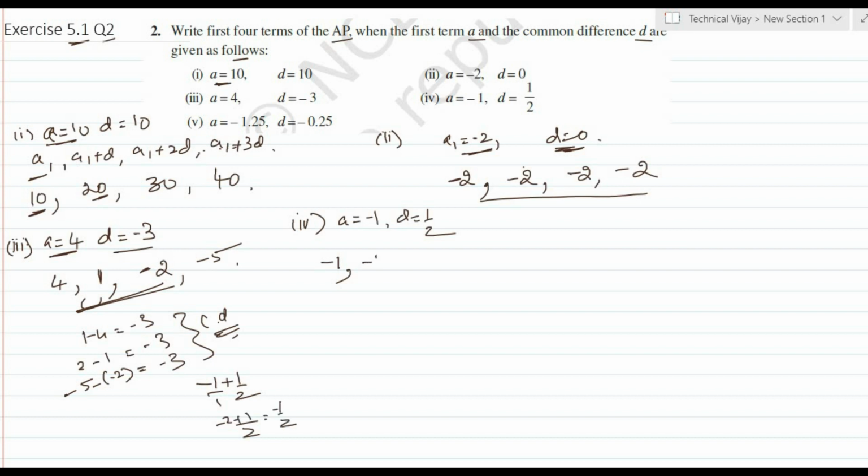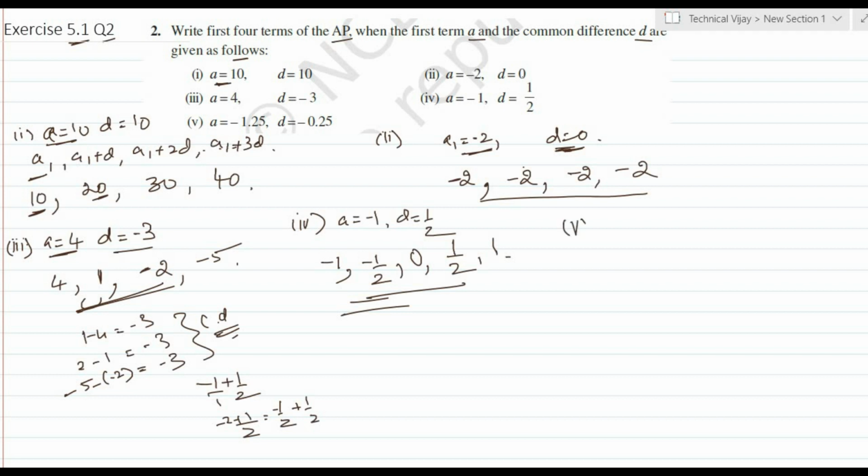So this is minus 1 by 2, and now for this minus 1 by 2 we have to add plus 1 by 2, so this will be 0, and then we add 1 by 2 again. After minus 1 by 2, if you add 1 by 2 it will become 0, and then again adding 1 by 2 it will become 1/2, but he has asked only 4 terms. This is an AP.